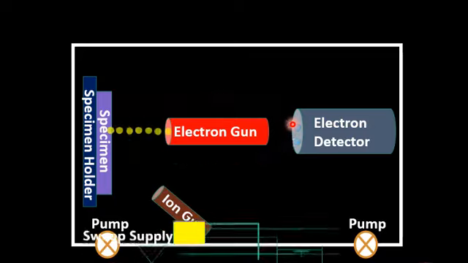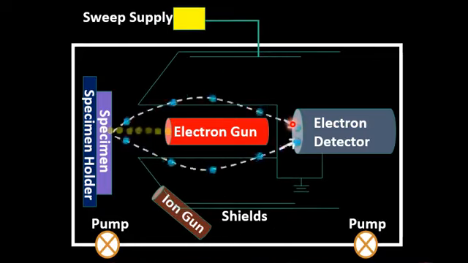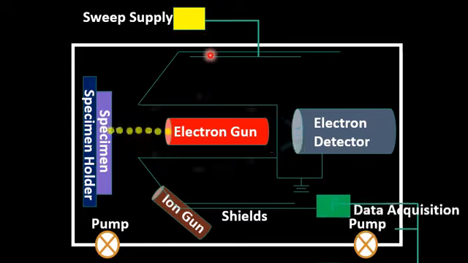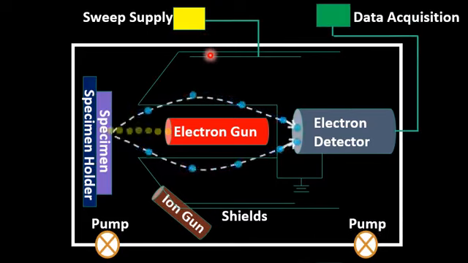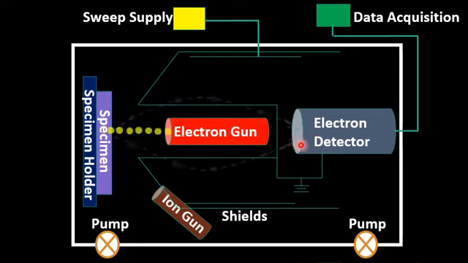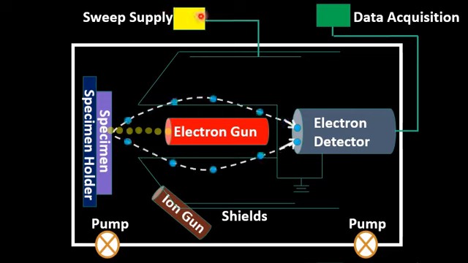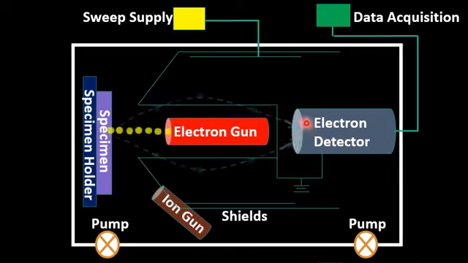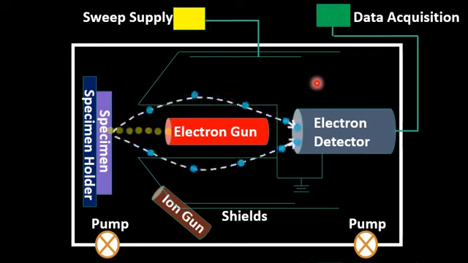Students, please note that the Auger electron detector is connected with a voltage supply and also with a data acquisition system. Usually the voltage supply varies when the Auger electrons are detected at the electron detector, and the electron detector also multiplies the intensity of the Auger electrons, which is then connected with data acquisition.